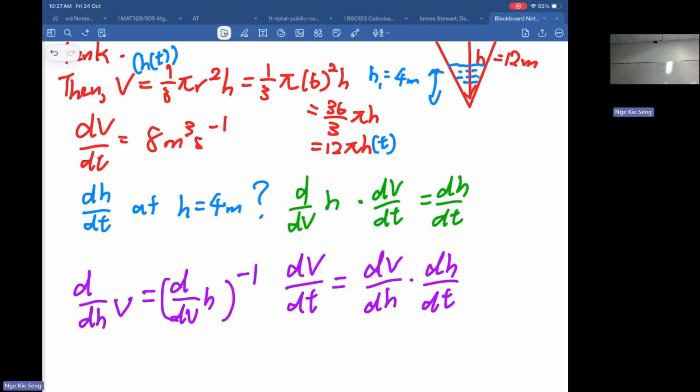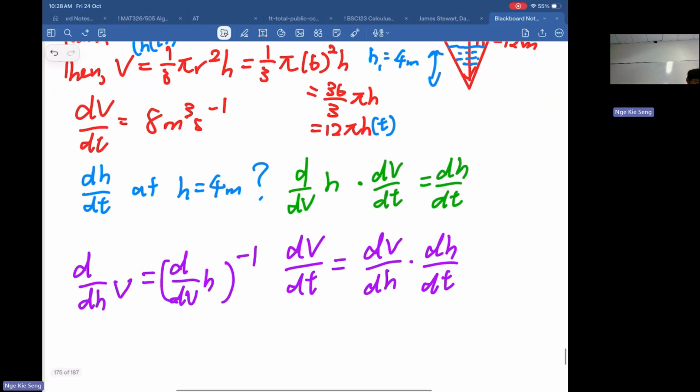This one I'm not sure is true or not. Can you prove it to me? Is this always true? Let me try. No. Yeah, obviously after class. I don't think this is always true, and I don't think this is always doable. So you cannot just move it across and flip it.